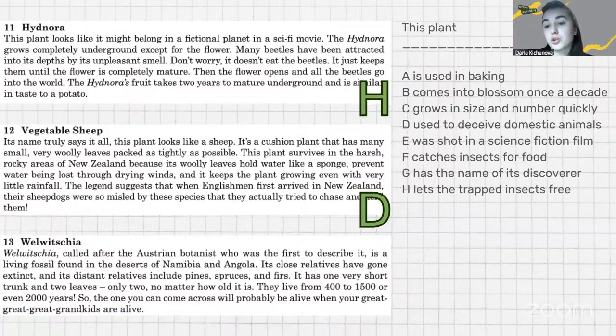So this plant used to deceive domestic animals. There we can find a small detail that sheep dogs were so misled by this species that they actually tried to chase it. So these dogs thought that this plant is a real sheep, and it was like a deception for them. So here we can see that it is answer D.